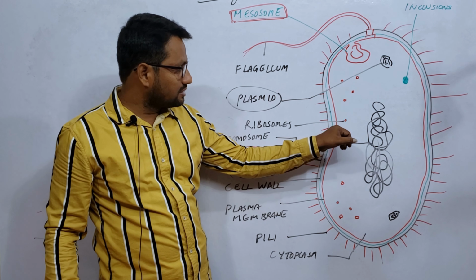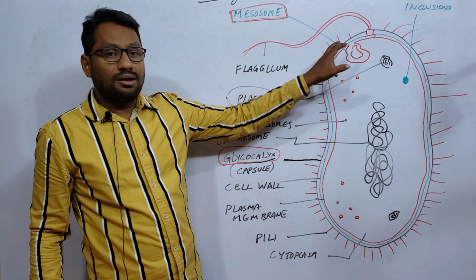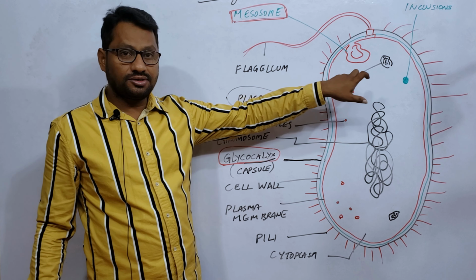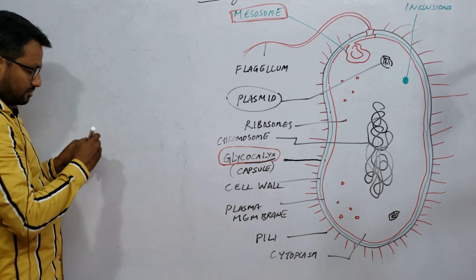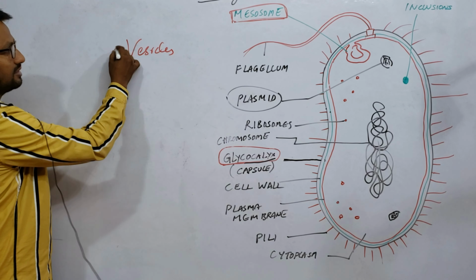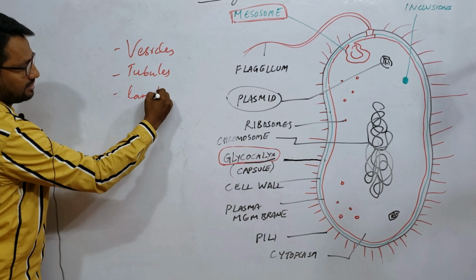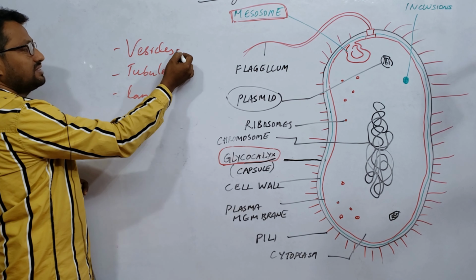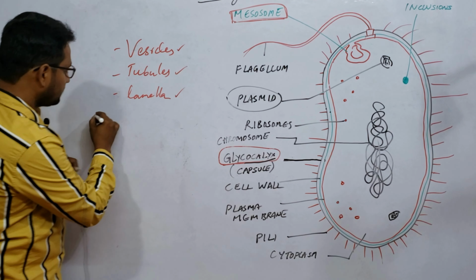Remember this, the plasma membrane is selectively permeable, and there are membranous structures called mesosomes which are formed by the infolding of the plasma membrane, and they are present in the form of vesicles, tubules and lamellae.